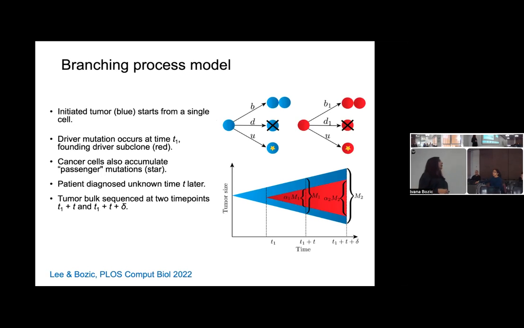And in this model, we leverage the fact that we have sequencing data available at 2 pre-treatment time points, which we had in this case, and which is a little trickier in general. But in that case, one can actually get very simple analytic estimates for many parameters of the process, including mutation rates, growth rates, and timings.